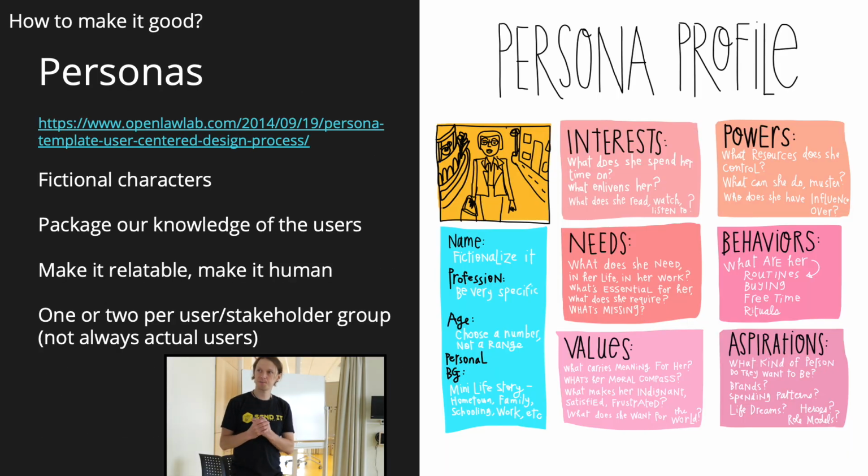Those are fictional characters, and we write little cards about each persona that we have. So we have our users in mind, divided into different groups of users. For example, Canvas software is used by students, by teachers, and by course administrators.